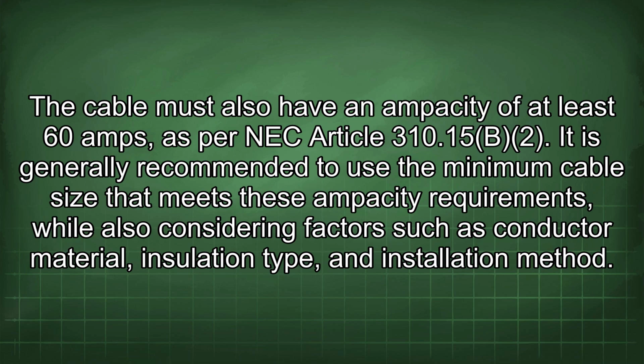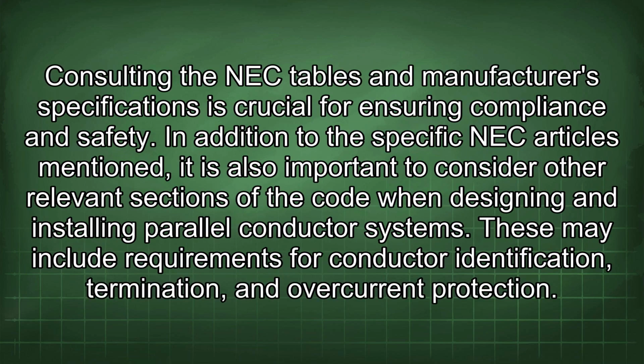It is generally recommended to use a minimum cable size that meets these ampacity requirements, while also considering factors such as conductor material, insulation type, and installation method. Consulting the NEC tables and manufacturer's specifications is crucial for ensuring compliance and safety.